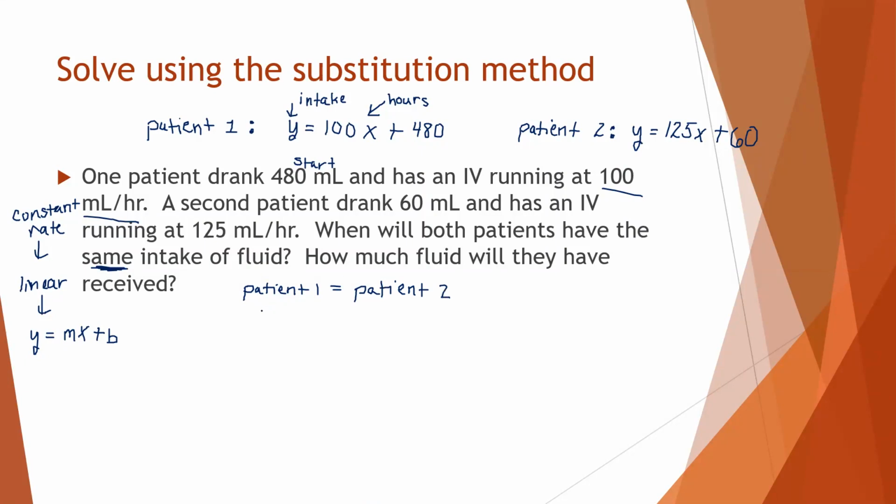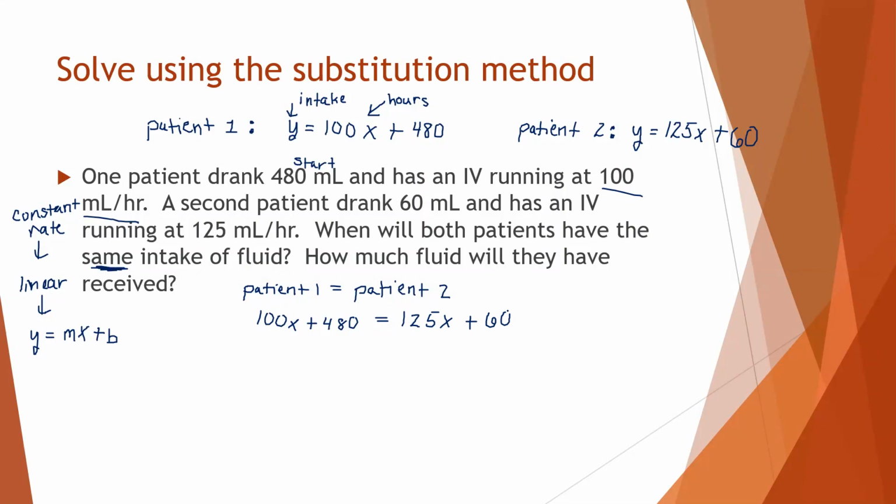I replace each patient with its formula, so this is 100x plus 480, and I replace the second patient with this formula of 125x plus 60.